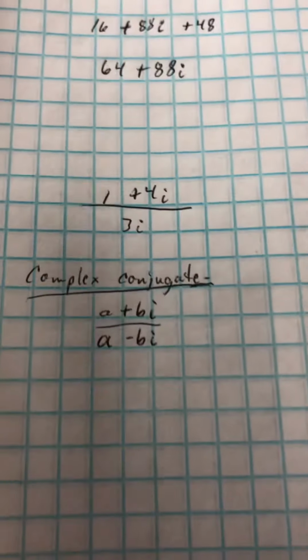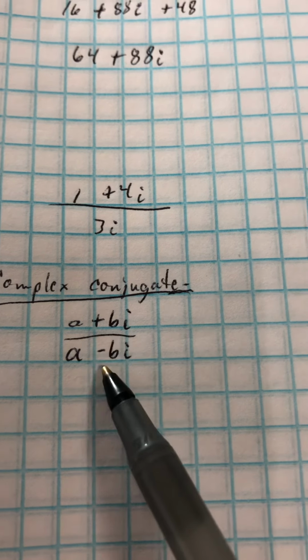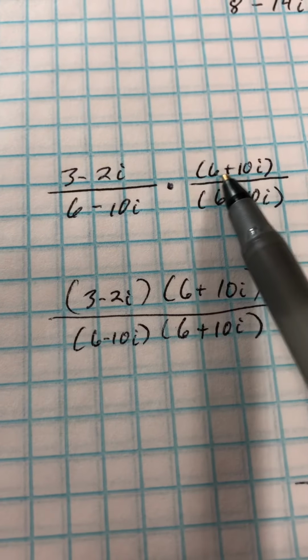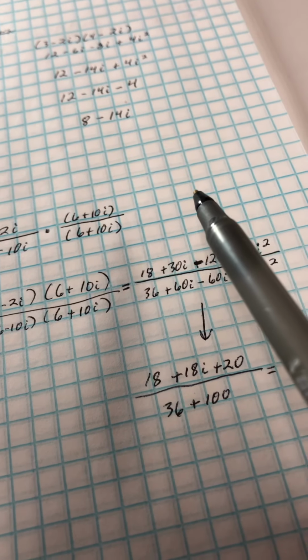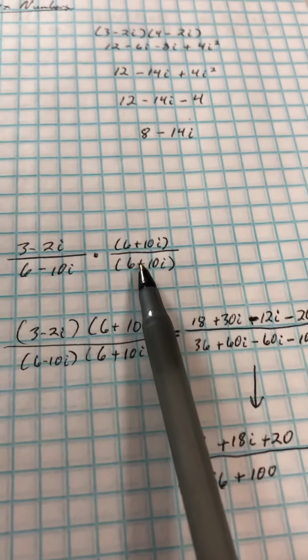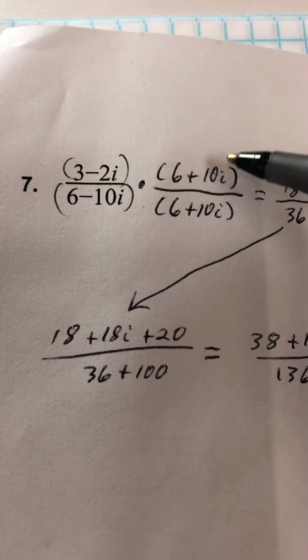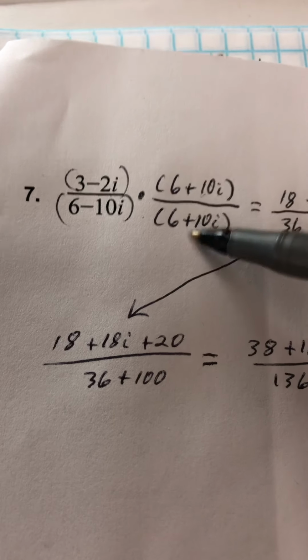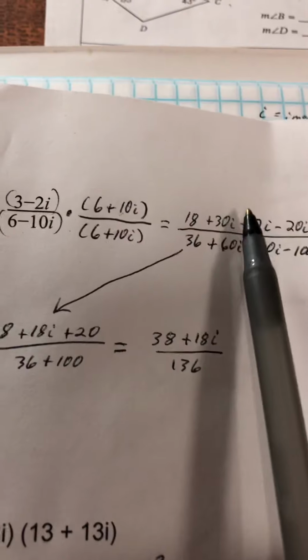Make sure complex conjugate, which is just that bottom part of the number, and you have it in addition and in subtraction. Here I have it both in addition, so that's what we need to do. This is the part that's in subtraction. This is going to be the part that's in addition. So you just multiply both the numerator and the denominator by that complex conjugate.